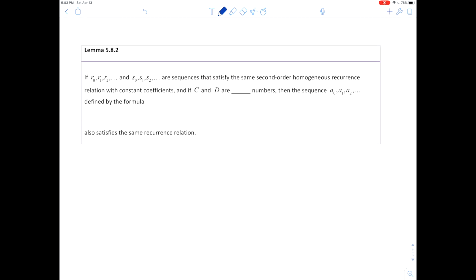So if we've got two sequences now, r0, r1, r2, dot dot dot, and s0, s1, s2, dot dot dot, that satisfy the same second-order homogeneous recurrence relation with constant coefficients, and c and d are fixed numbers, then the sequence a0, a1, a2, etc., defined by the formula a sub n equal to c times r sub n plus d times s sub n for any integer n greater than or equal to 0 also satisfies the same recurrence relation.